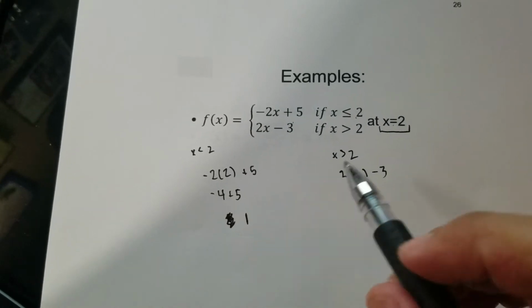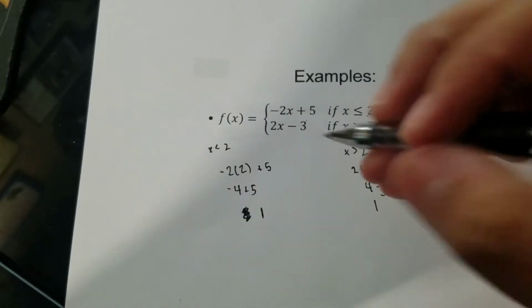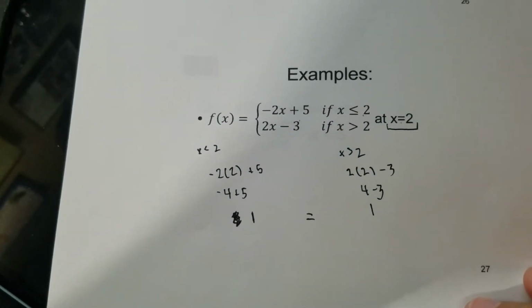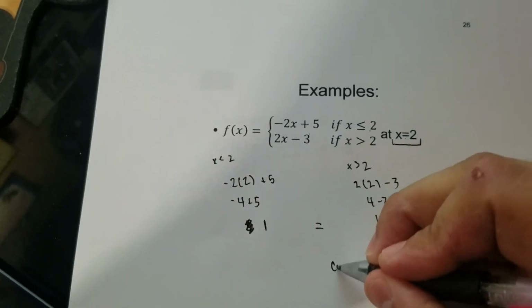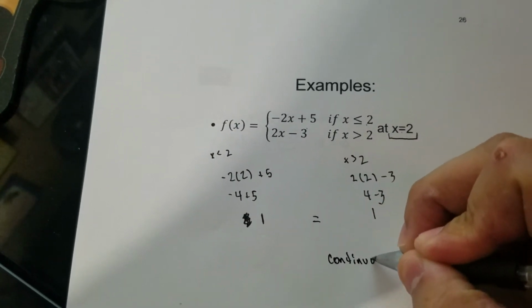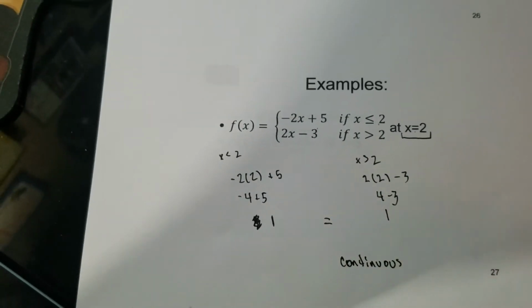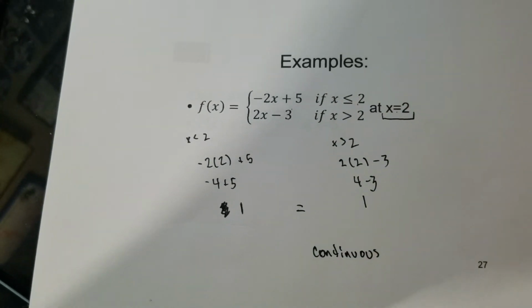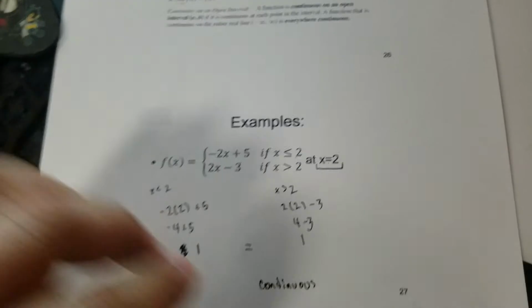I see that they equal the same thing. So because they equal the same thing, guys, this is continuous. Okay, and that should make sense because it's just going through. At least at that point, it's continuous.